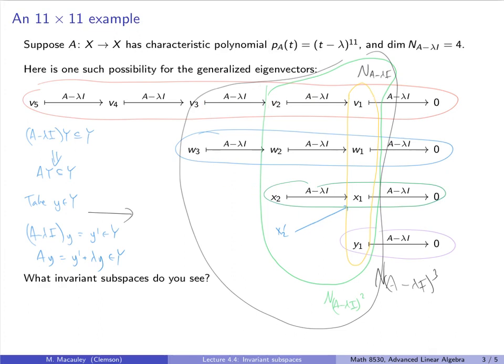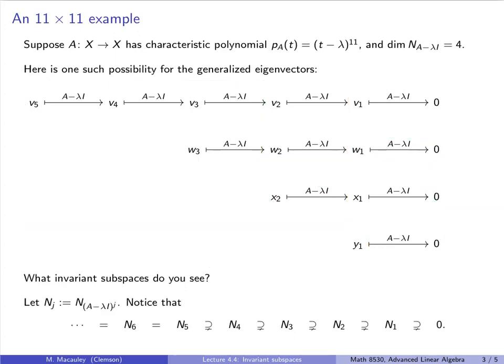But all of these are invariant under A minus lambda I and also invariant under A. Okay, now that we have cleaned up all of that mess, let me define Nj to be the null space of A minus lambda I to the j. So N1, we've already talked about, is this four-dimensional subspace generated by the genuine eigenvectors.